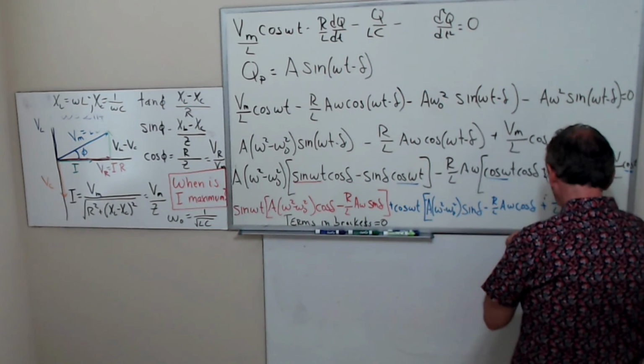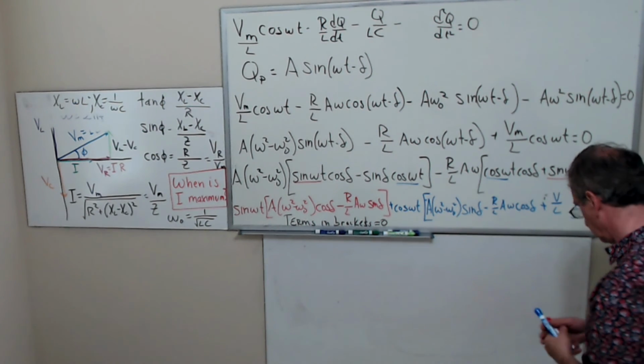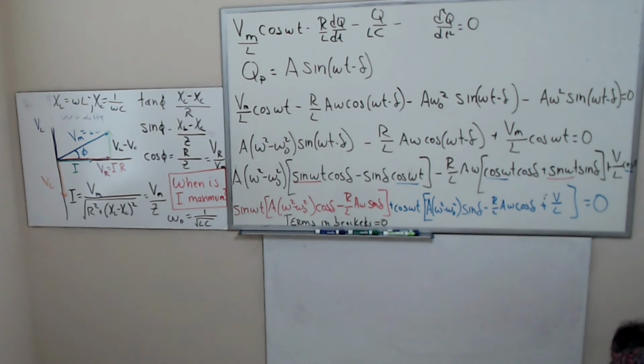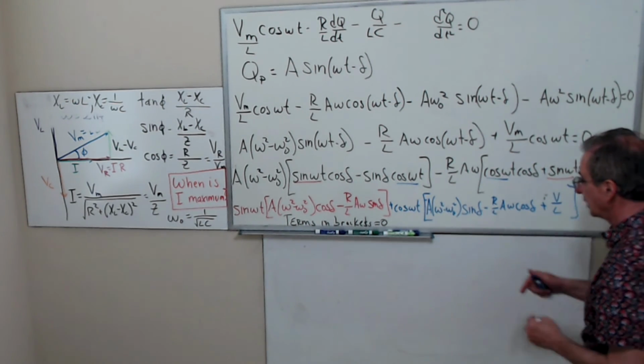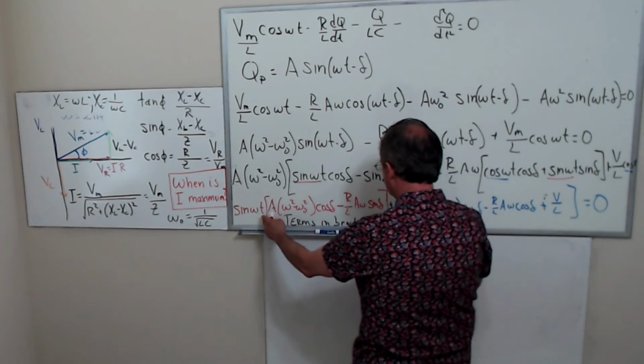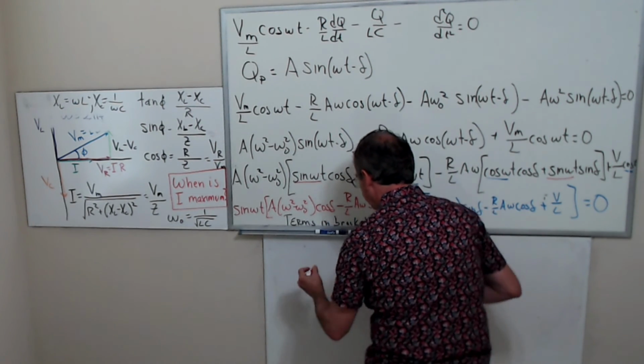So this thing in red has to be 0. This thing in blue has to be 0. That has to be true. Okay? Because this expression has to be equal to 0, independent of the value of time. So let's set this equal to 0, which means that this term equals this term.